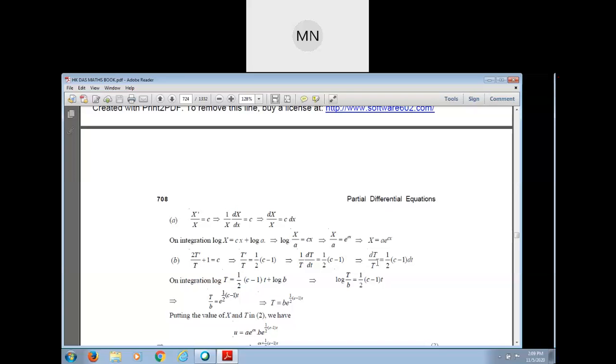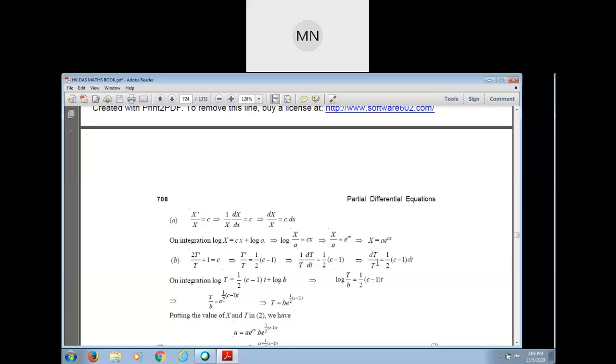And next see the right hand side. Right hand side is what? Half of c minus 1 into dt. If we integrate this term, then value will be what? Because half of c minus 1, this is what? This is constant. Is not it? Half of c minus 1, this is constant. Okay?